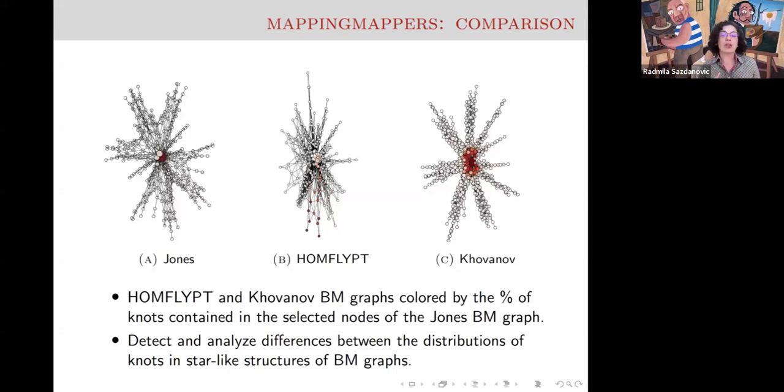But what mapping mappers allows you to do is a more in-depth analysis. What I'm illustrating here is that if you pick this gigantic cluster, which I hope you can see in the middle of the Jones ball mapper, it maps to the central collection of clusters in the Khovanov homology that clearly seem more distinguished.